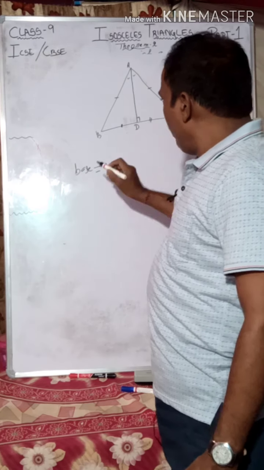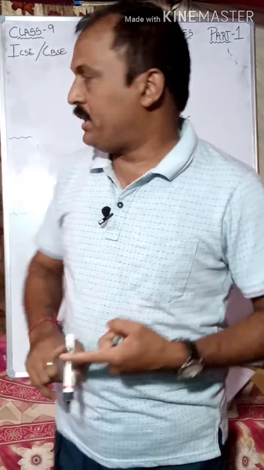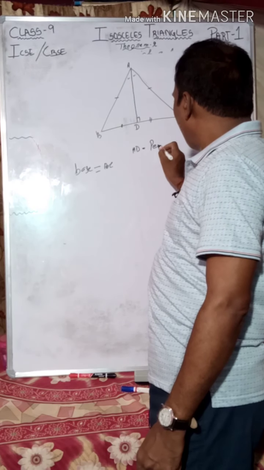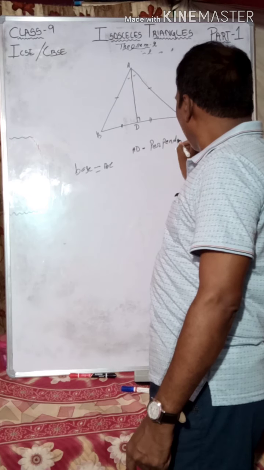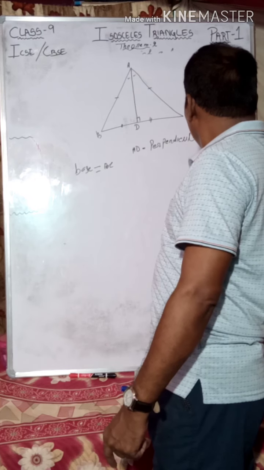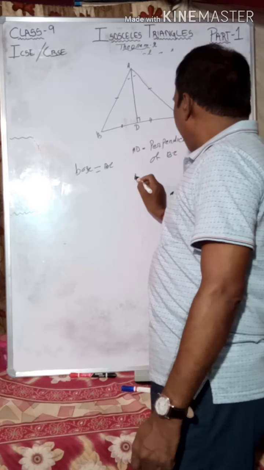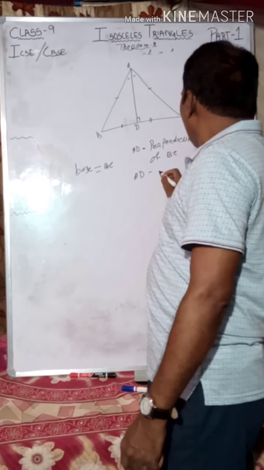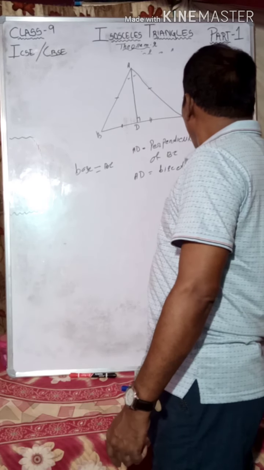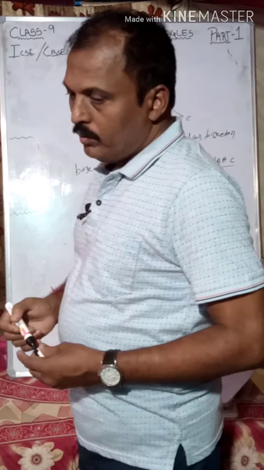So AD is also the perpendicular bisector of BC. AD is also the bisector of angle BAC.